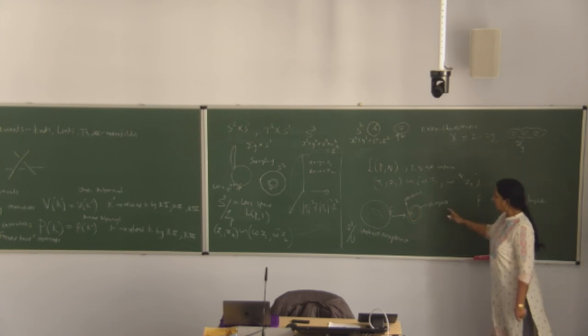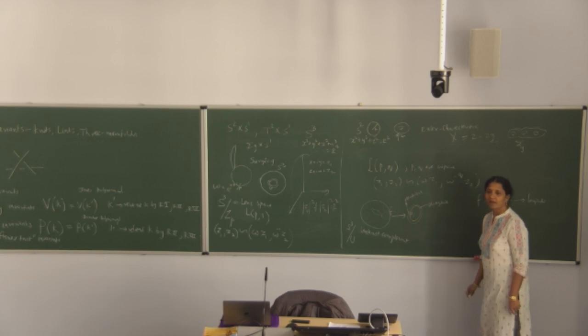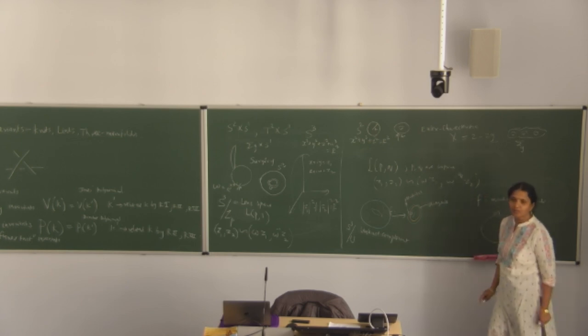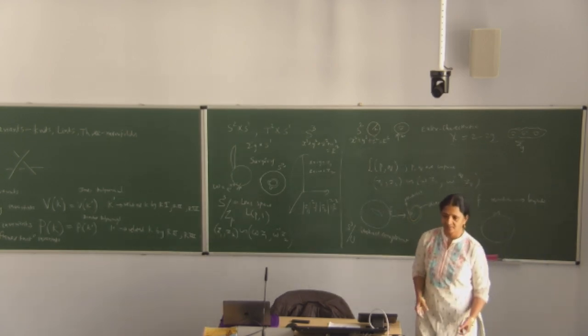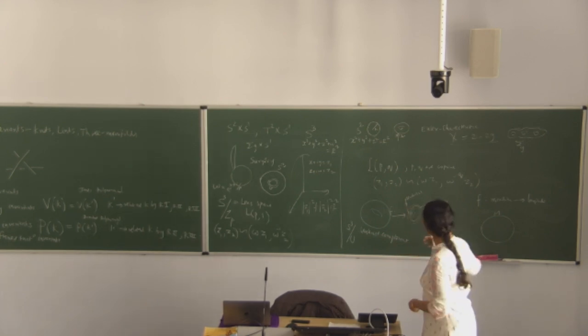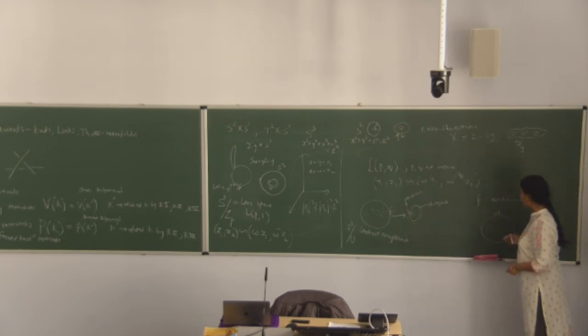What I will get after you use this map and I glue it back, I will end up getting a new 3-manifold. Let me not tell you what that new 3-manifold is. It's not very easy for me to visualize, but in some cases you can actually visualize them and show that it is a new 3-manifold.